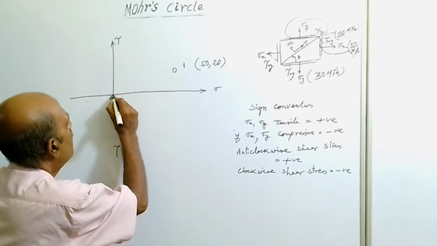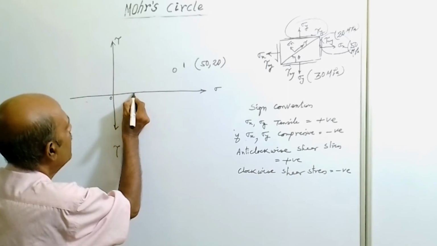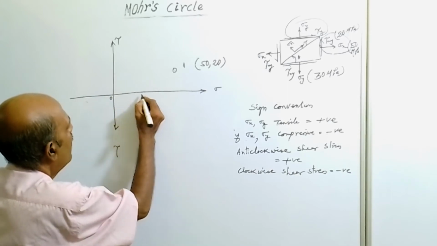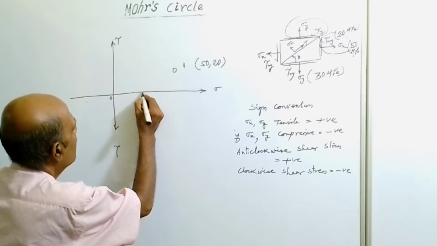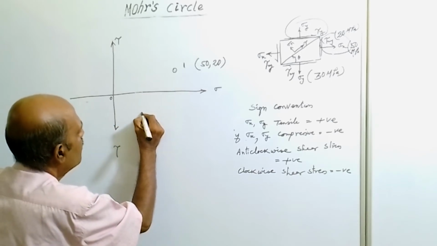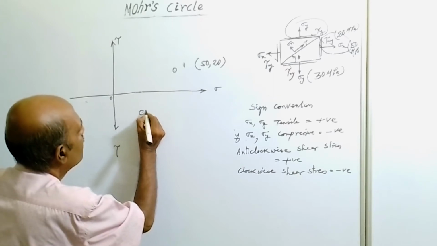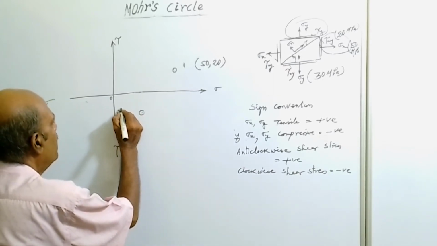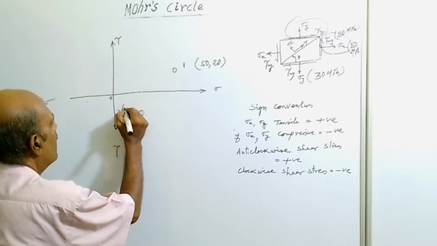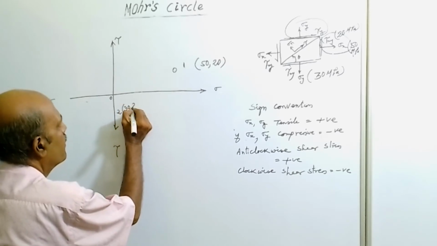Using the same scale, say 30 is coming here, then 20 negative you will get here. So we get point 2, that is 30, minus 20.